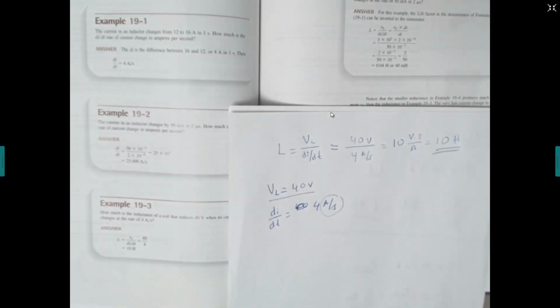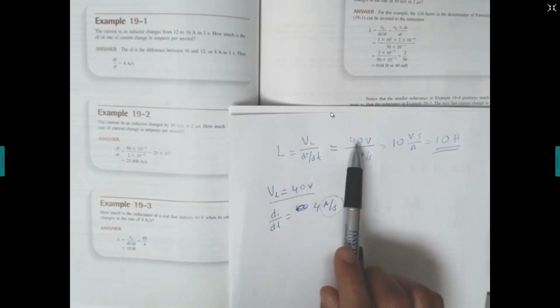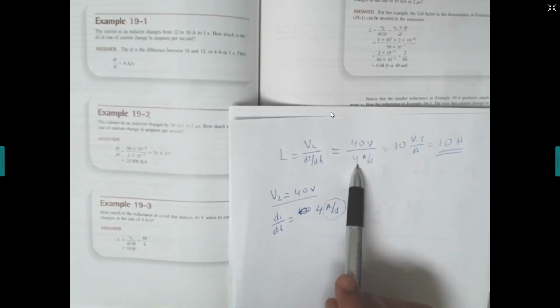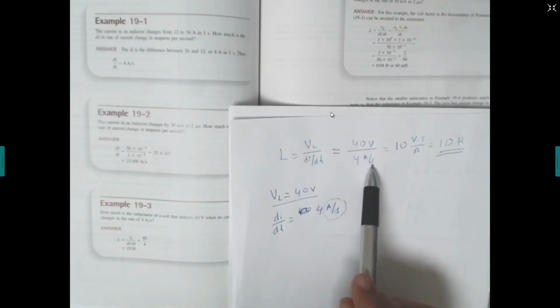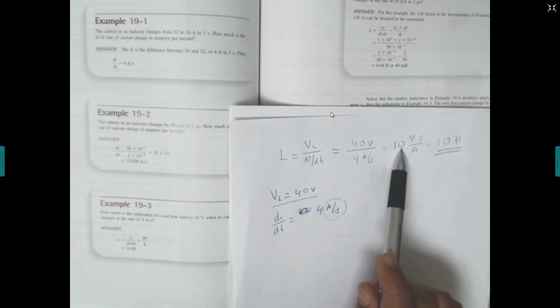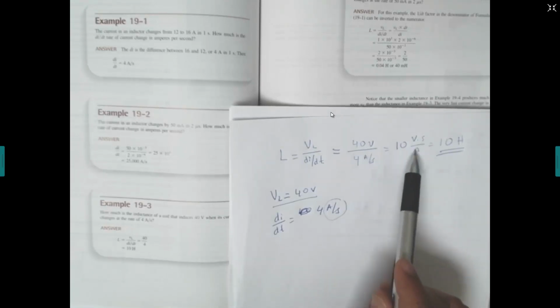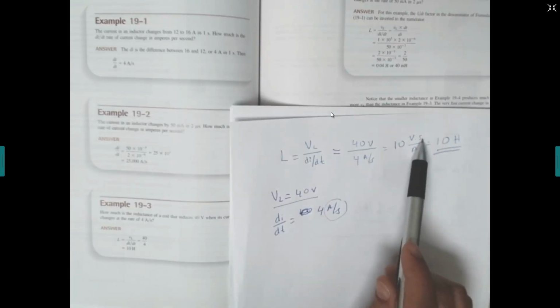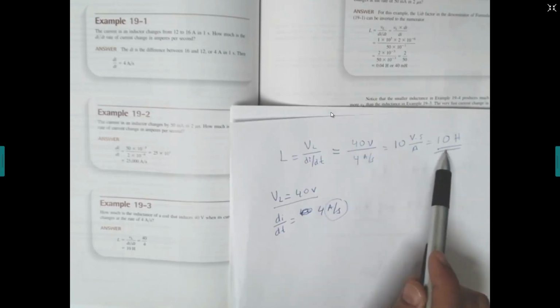That would be the answer to this problem. So if the voltage induced is 40 and the current changes by 4 amps every second, then the voltage divided by the change of current gives you 10 volt times seconds over amps, and that is henry.